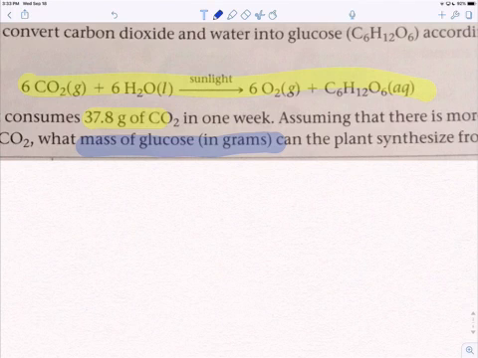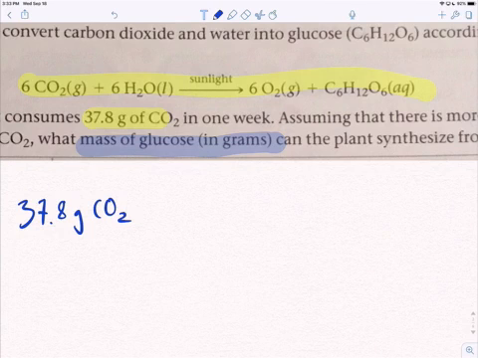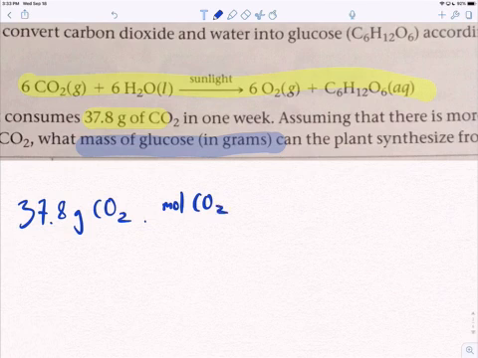So meaning we're going to start with 37.8 grams of CO2. And then on this side needs to be grams of glucose. So how do we do this? Well, hopefully I'm training you guys to think, when you see mass, what's the moles? So we need moles of CO2 and the molecular weight of CO2.